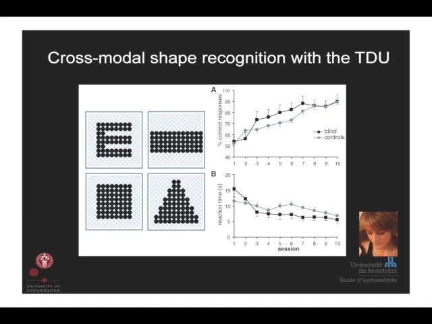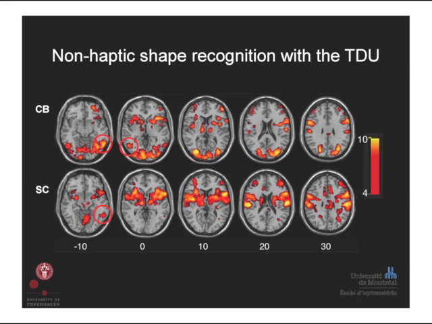Subjects were trained to recognize these shapes, and we see here that they do that quite well in the performance curve. And if we look at the reaction times, we can see also that there is a decrease in reaction time with learning. If these subjects are put into the scanner, we see the activation of the parts of the ventral stream that is also involved in the recognition of shapes.